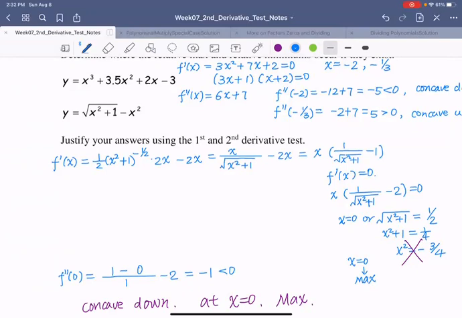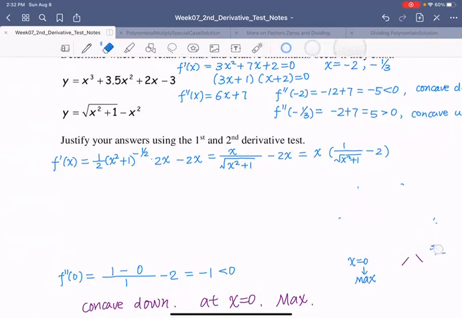Let's solve this one equal to 0. If we want this to be 0, then x will equal who? x equals 0, or this guy equals 2, correct?